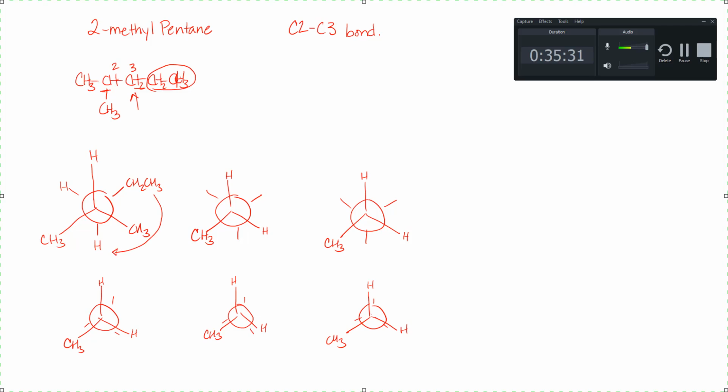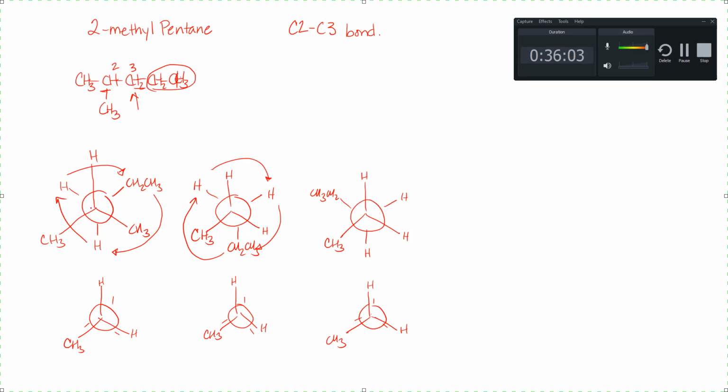Let's rotate 120 degrees, so we put the ethyl group down here. That's going to move this hydrogen to this position, and it's going to move this hydrogen over here to this position. Now let's do that one more time. Take this ethyl group and move it here. Move this hydrogen over here. And then move this hydrogen down here. So there are my 3 staggered conformations.